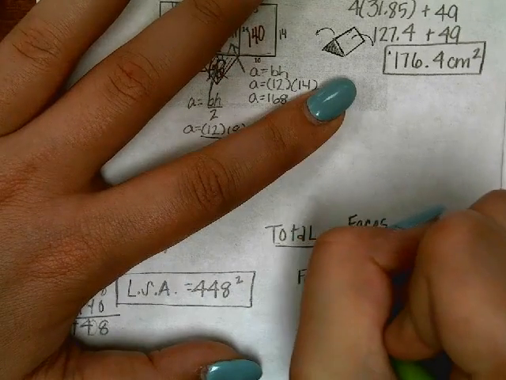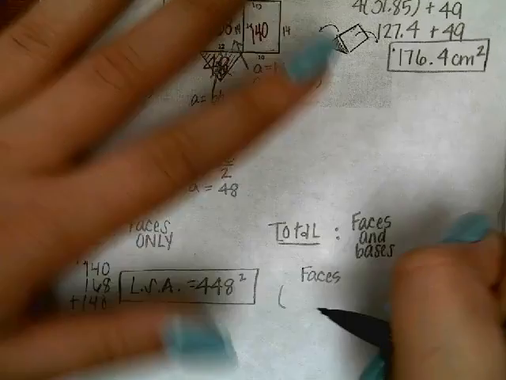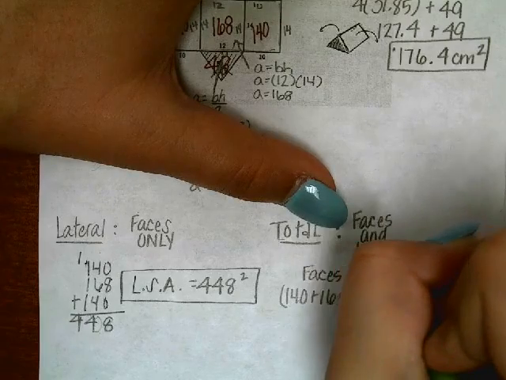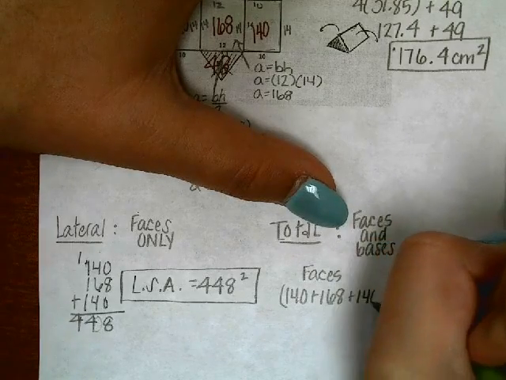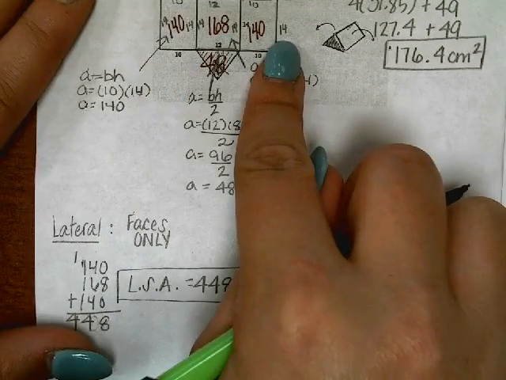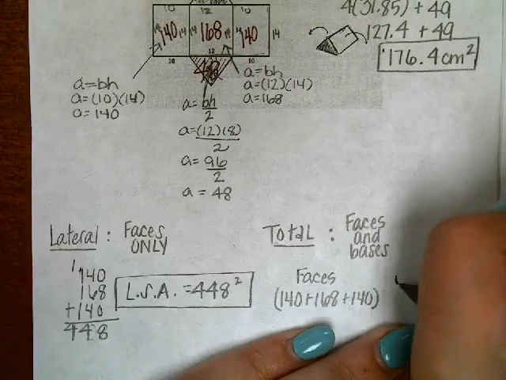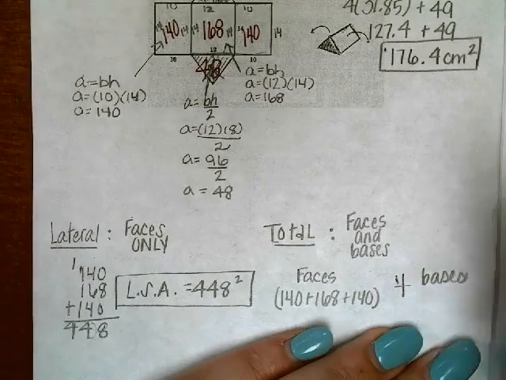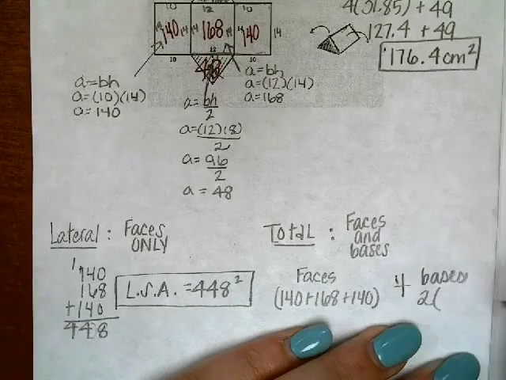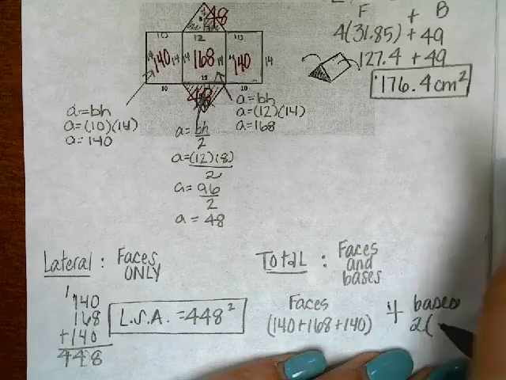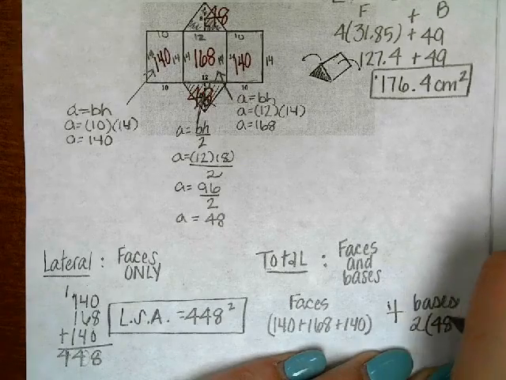Our faces would be adding up together 140 plus 168 plus 140. We also need to add that to our bases. We have two bases, both of which measure 48, so we can just use multiplication to solve that one.